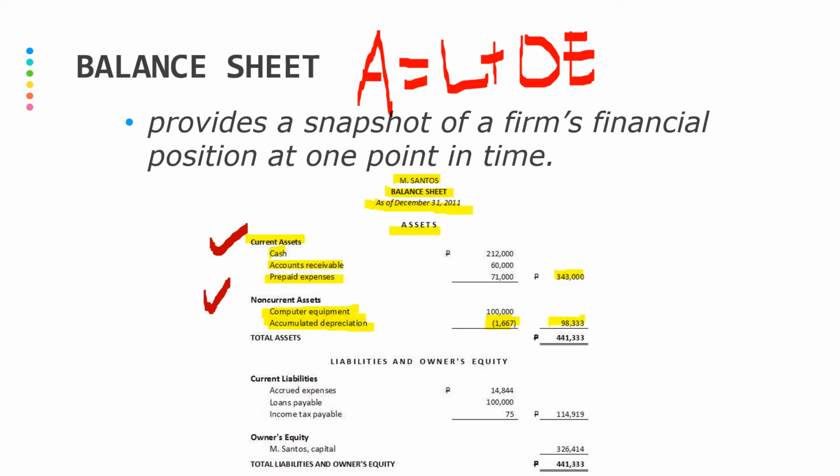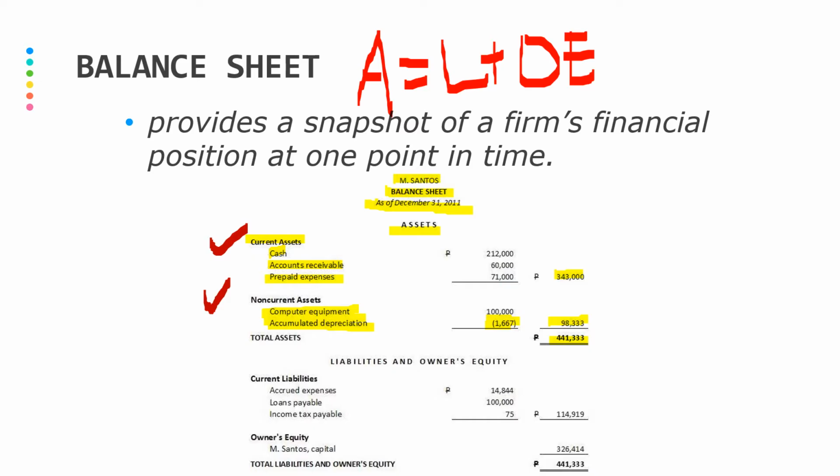So the new value of the computer equipment is already 98,333. So M. Santos has a total asset of 441,333.